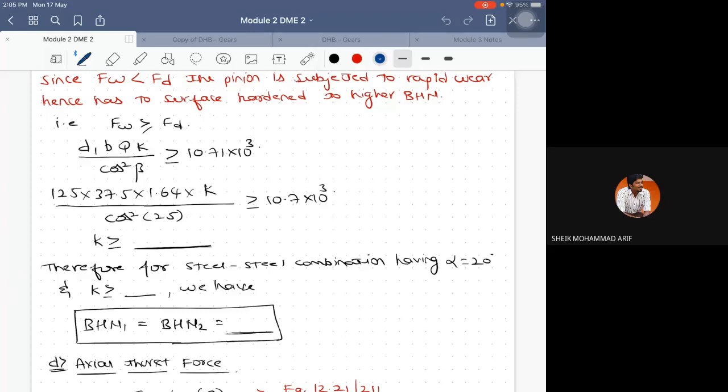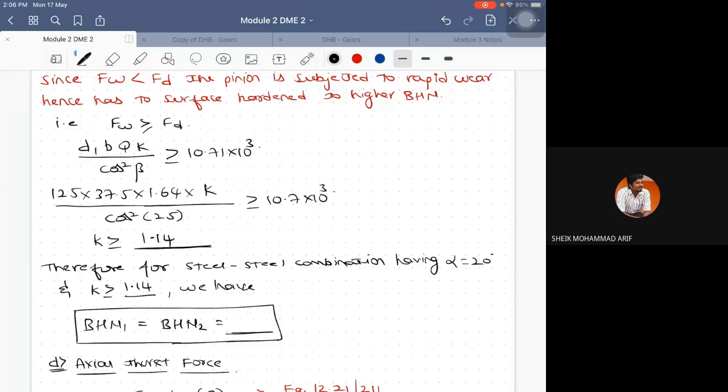1.14. So go to the table and check the values of BHN just above 1.14.